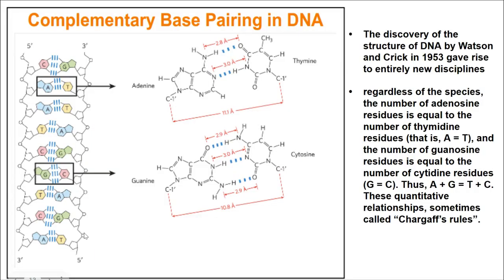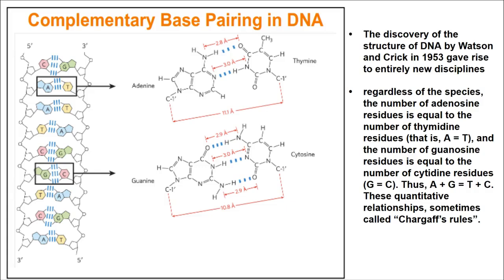And so as far as DNA, it has two strands of nucleic acids that are bonded together using hydrogen bonds. And then you have these base pairings. Adenine is base paired with thymine, and guanine is base paired with cytosine. The discovery of the structure of DNA by Watson and Crick in 1953 gave rise to entirely new disciplines.